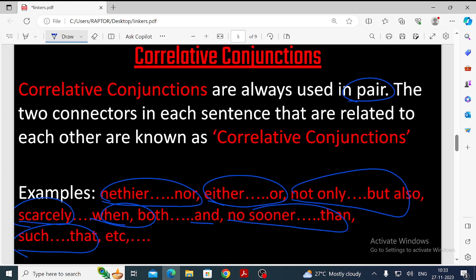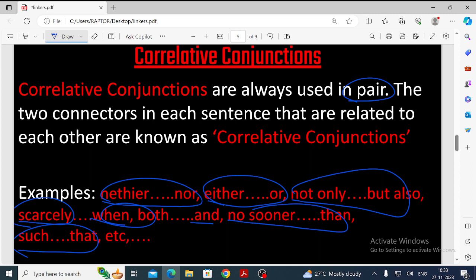'He is poor' is an independent sentence, but when we add a subordinate conjunction, 'though he is poor', it becomes a dependent sentence. So a subordinate conjunction will always be in a dependent sentence, that will make sense when we add another set of sentence, which we used to call the main clause.